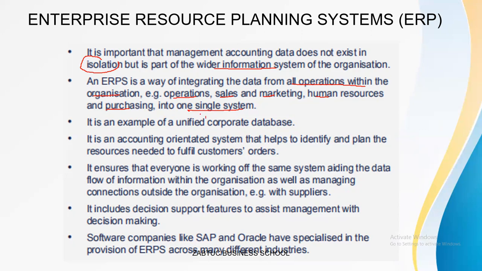It is an example of a unified corporate database. It is an accounting-oriented system that helps to identify and plan the resources needed to fulfill customer orders. And these resources involve the whole organization.